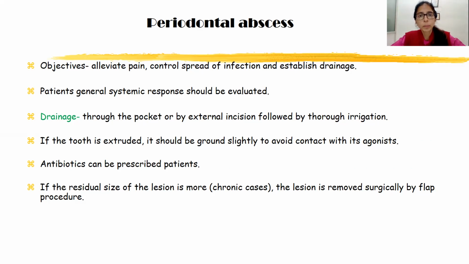When we're talking about the treatment of the periodontal abscess, our primary concern is relief of the pain, incision and drainage, and medication, and also to establish drainage. These are the factors we work upon when the aim is to treat a periodontal abscess.